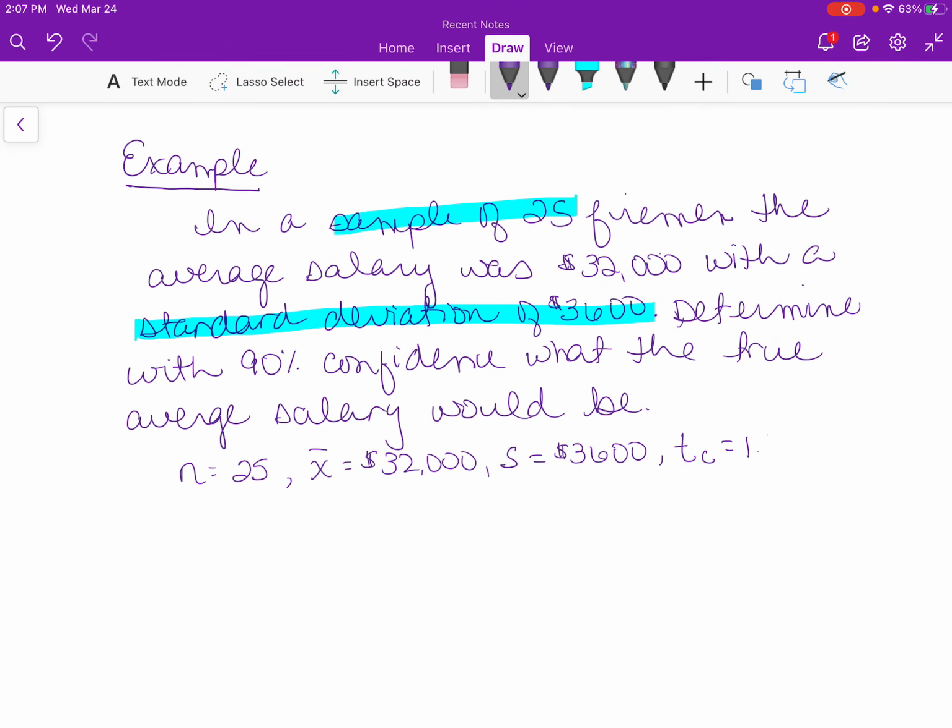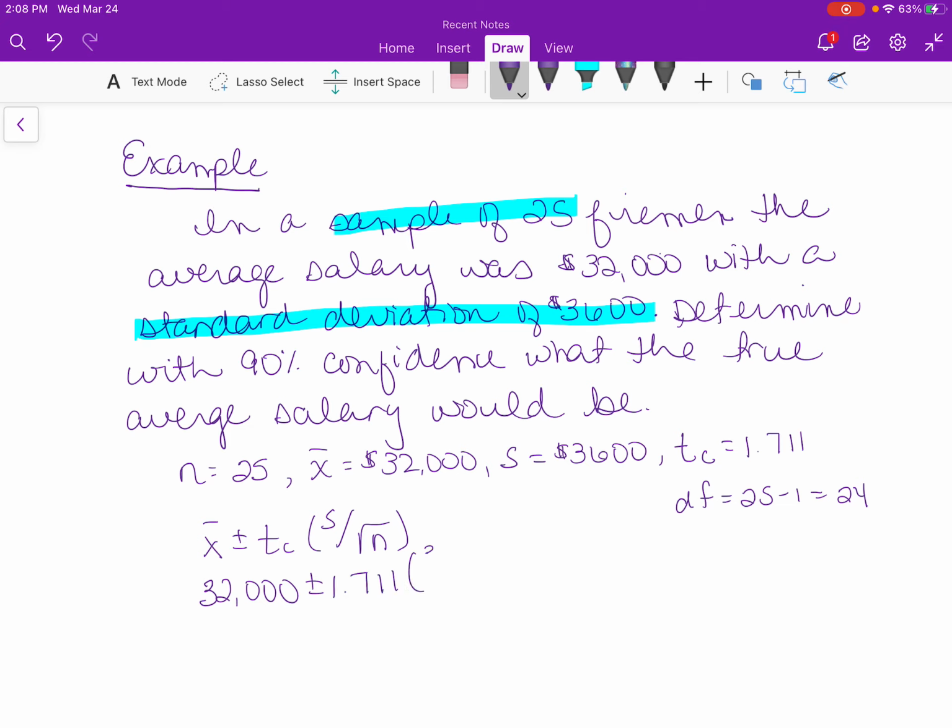So we would do X bar plus or minus t sub c times S over the square root of n. So that's 32,000 plus or minus 1.711 times 3,600 over the square root of 25.